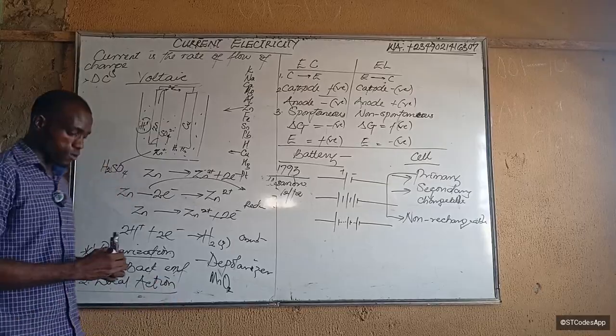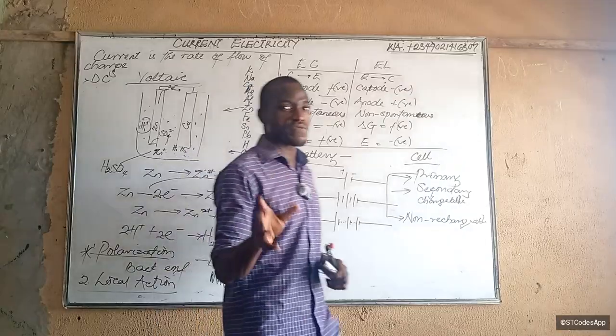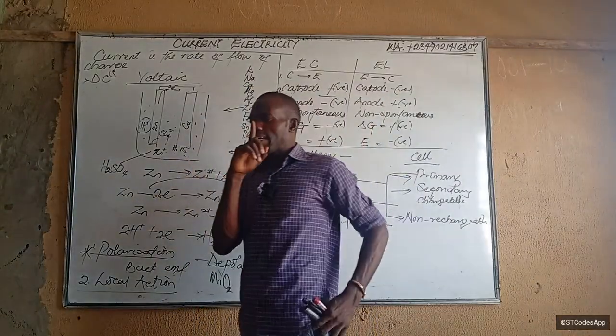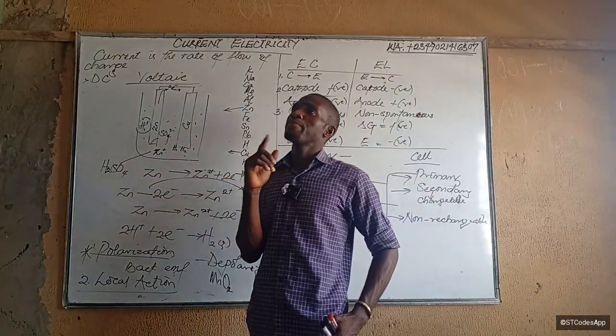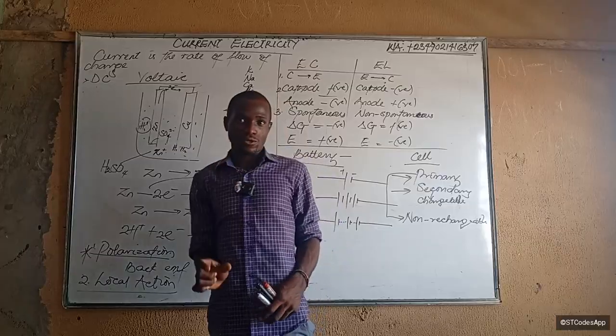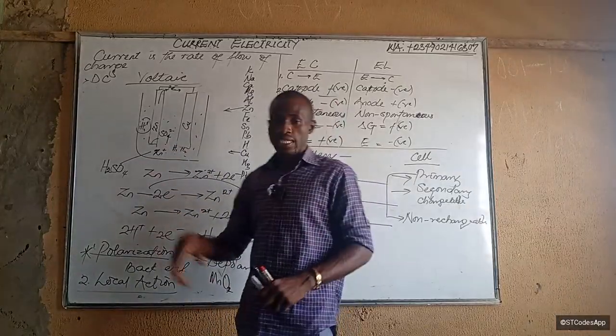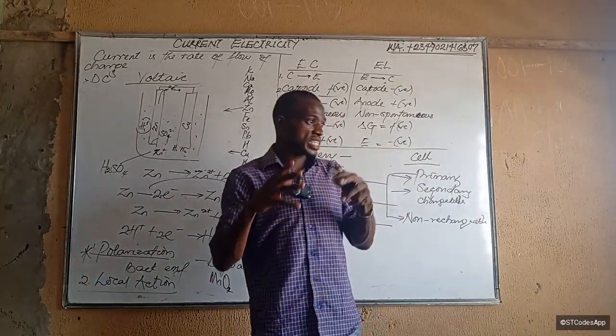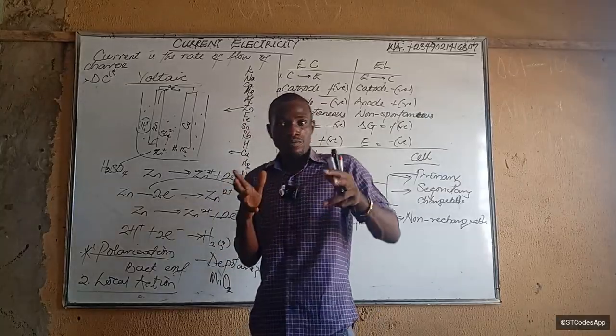Now, what is local action? Local action is a consequence of the nature of the electrode. For example, commercial zinc is not 100% pure.